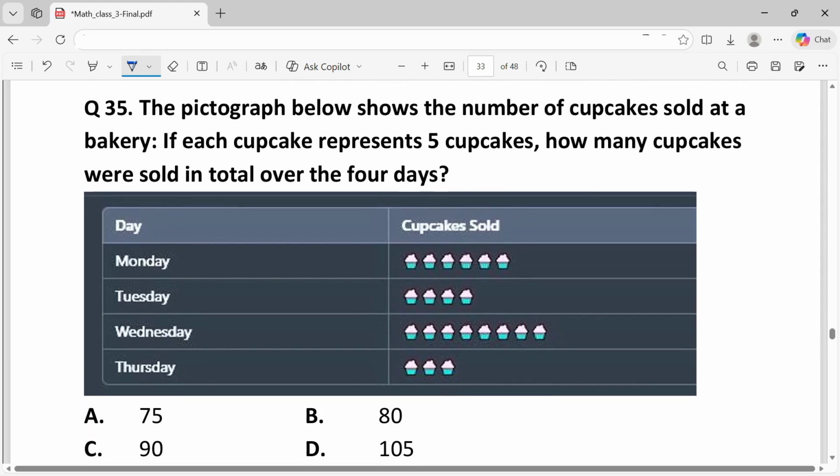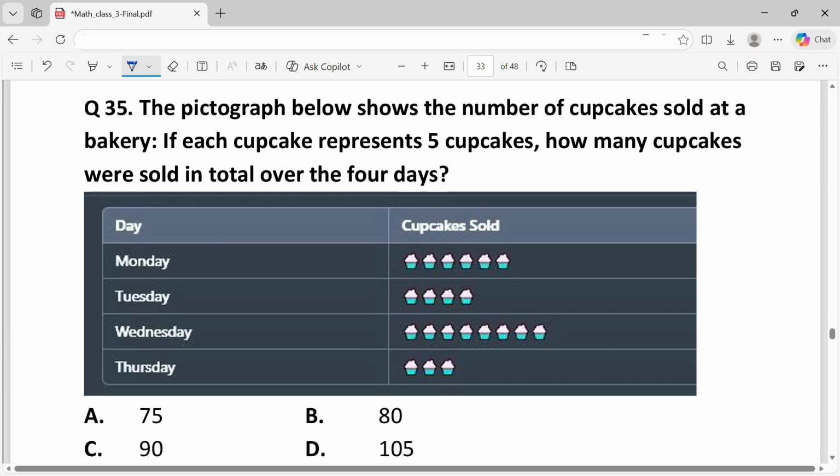Question 35. The pictograph below shows the number of cupcakes sold at a bakery. If each cupcake represents 5 cupcakes, how many cupcakes were sold in total over the 4 days? The total number of cupcakes sold can be counted by adding all the number of icons and multiplying it by 5.